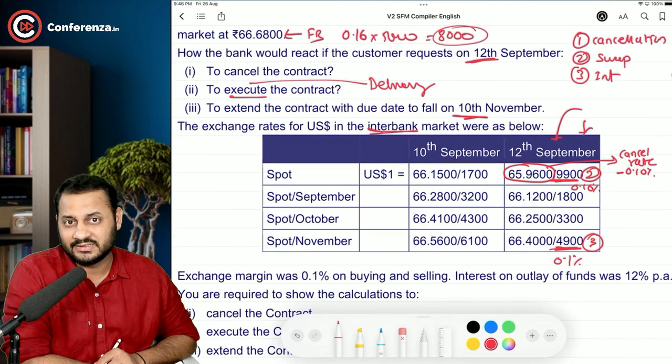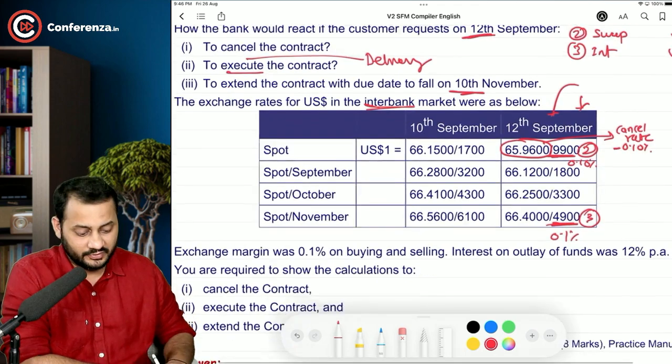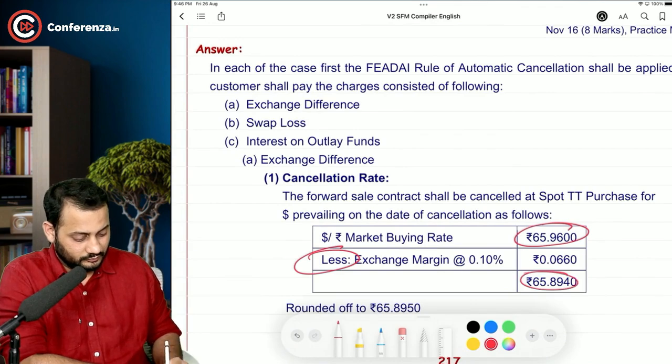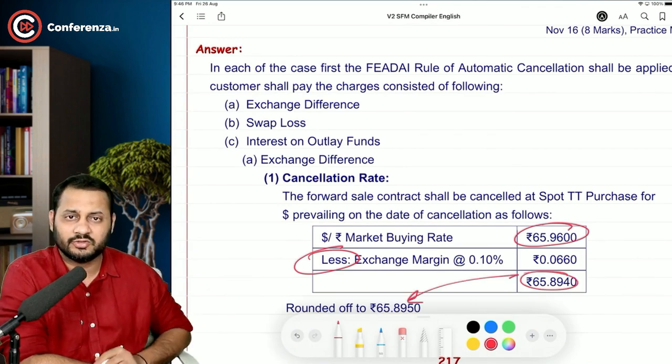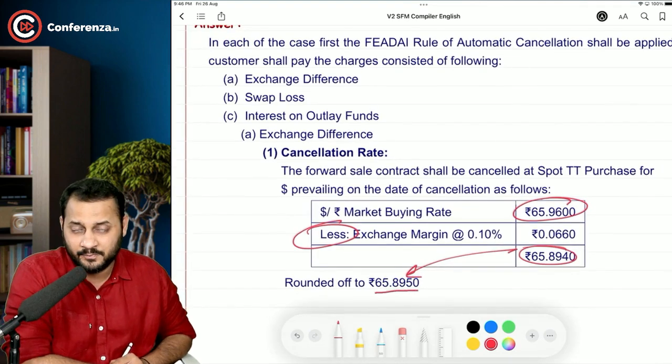This will become the cancellation rate. Do you agree with this? 65.96 minus 0.10, rounded off to nearest 0.0025. Now 65.8950 has become the cancellation rate. Okay. With this rate we can cancel.